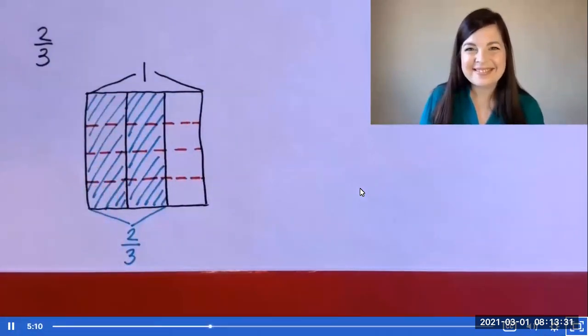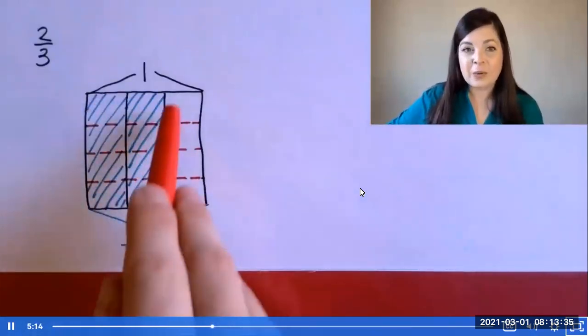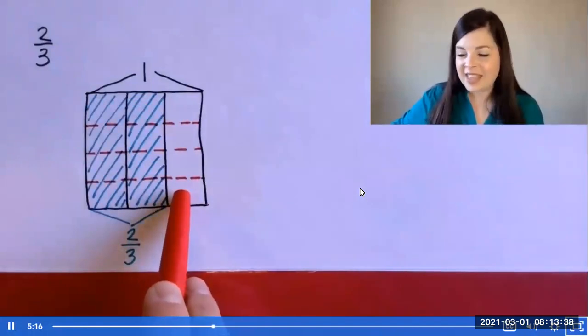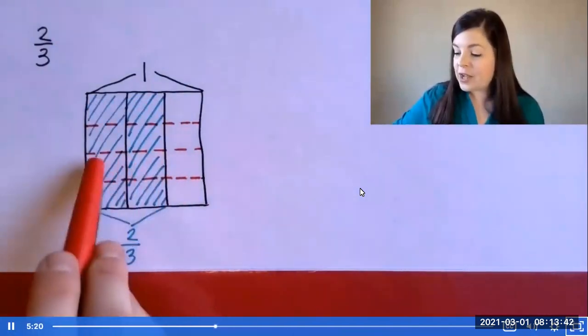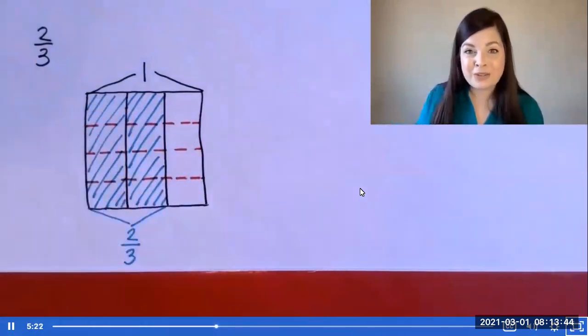Well, we started with 3 units in the whole, 3 larger units. And when we decompose those thirds, now we have 12 smaller units in the whole. So the number of units in the whole quadrupled. We got 4 times as many units in the whole. What about the number of selected units?